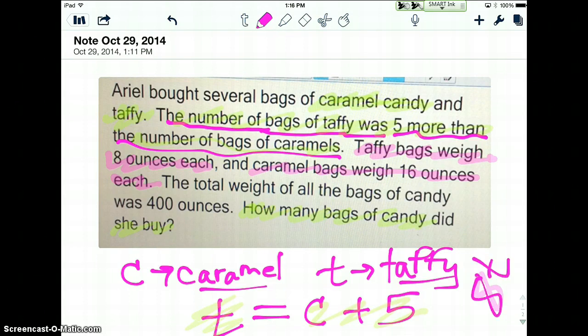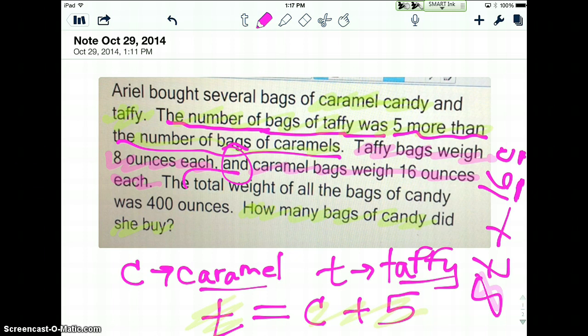times the number of taffy that I get, and caramel bags weigh 16 ounces each times C, because if I get one of them, it's only going to be 16 ounces. If I get two of them, I'd have to double 16.